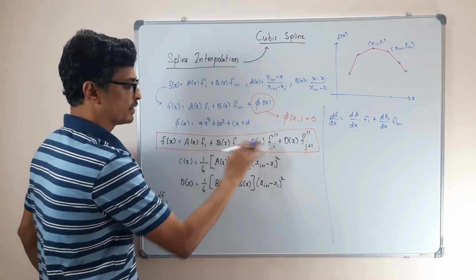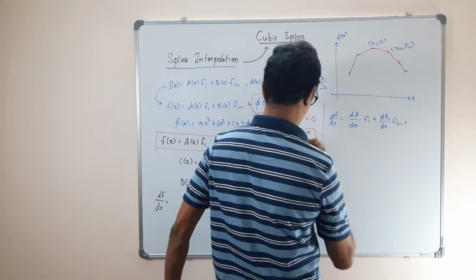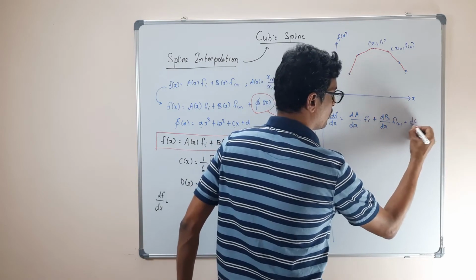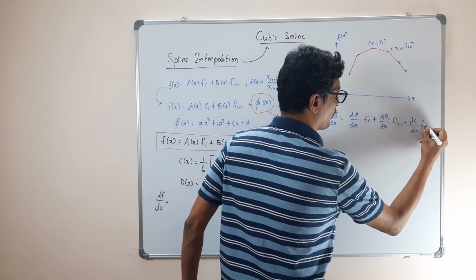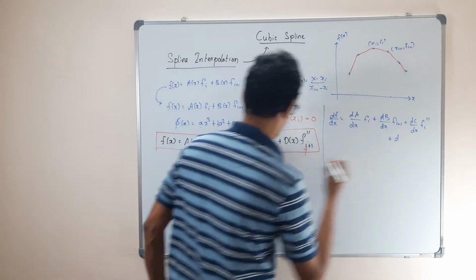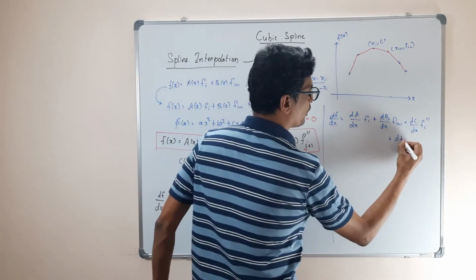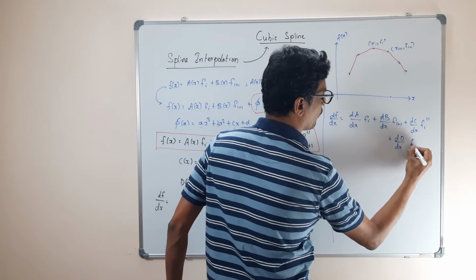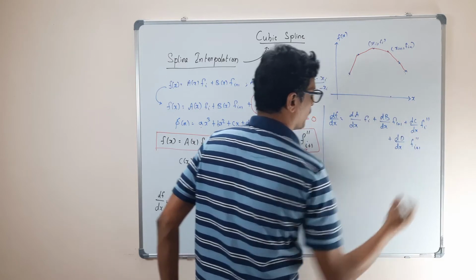Then dC by dx into f double prime of i plus dD by dx into f double prime of i plus 1.